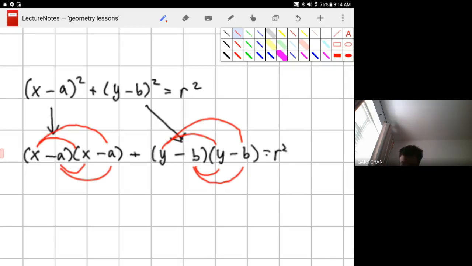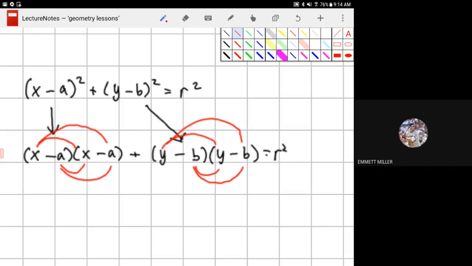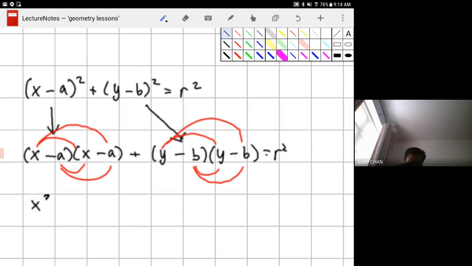Anybody have it? Or at least the first half? Isn't it x squared minus 2ab plus a squared? It certainly is.